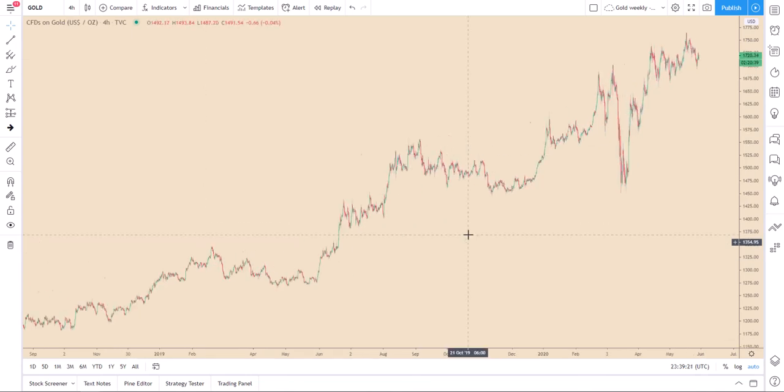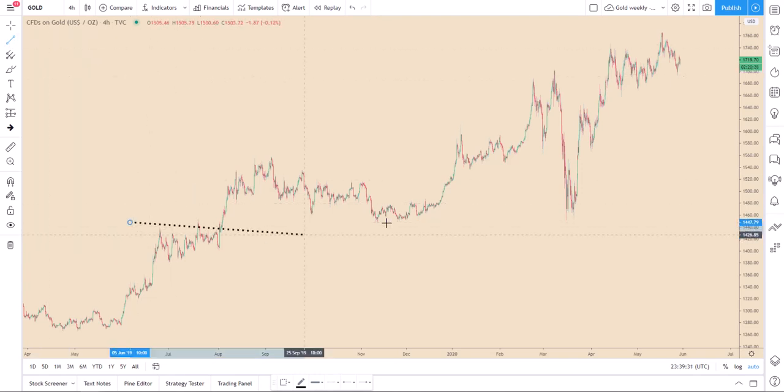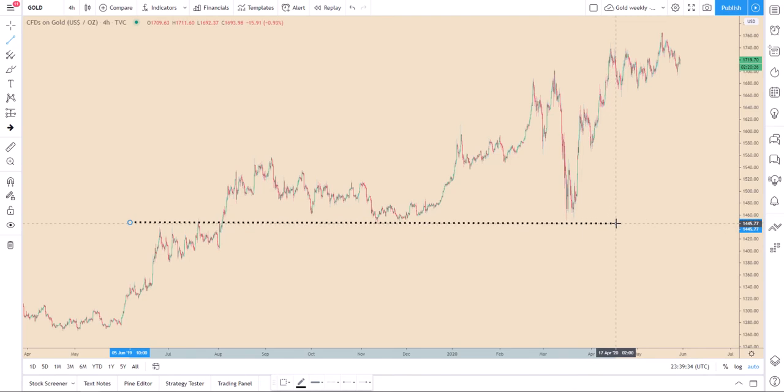And so here, what immediately strikes my eye, and let me just draw it in here so we're all on the same page, there's a horizontal support resistance level right there.